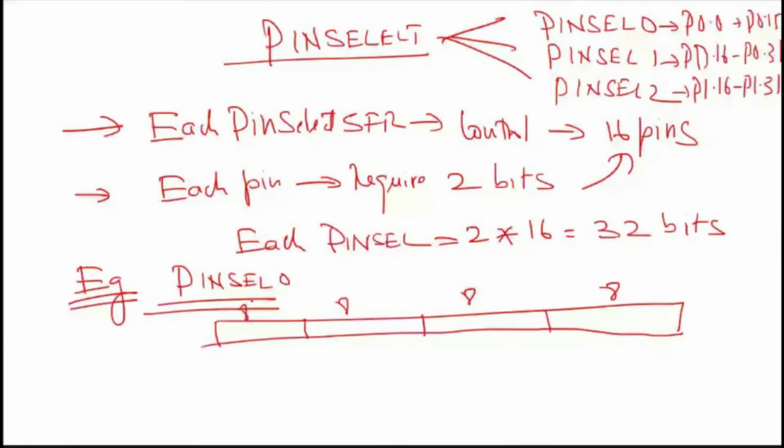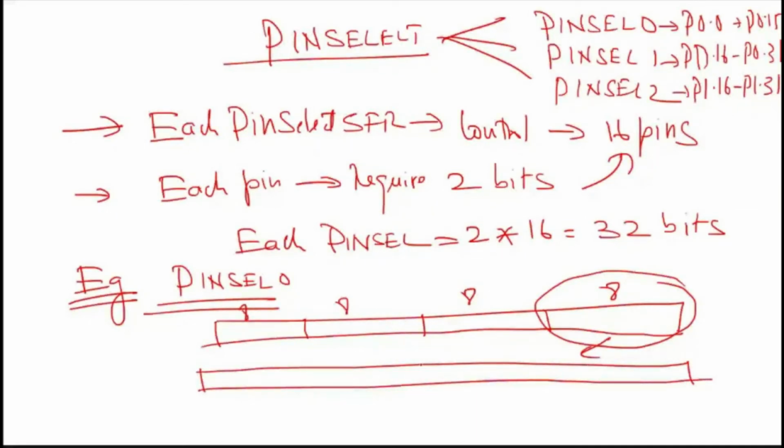I'll just zoom this 8 alone and put it separately for your understanding. So this is bit 0, bit 1, bit 2, bit 3, bit 4, bit 5, bit 6 and bit 7.